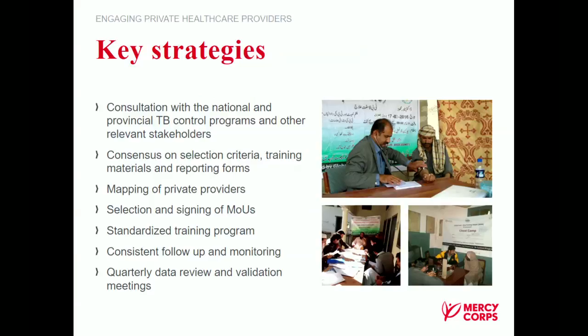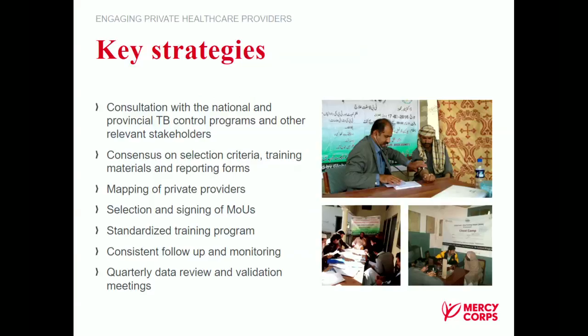Our key strategies included, and I really want to highlight this, that to implement a TB control program in the private sector, you have to have buy-in of all of the stakeholders, and especially the national and provincial TB control programs, but also associations of private practitioners and other technical stakeholders to agree on how the program will be implemented in the private sector: what guidelines, what reporting mechanisms, how that data will get included in the national reporting system.